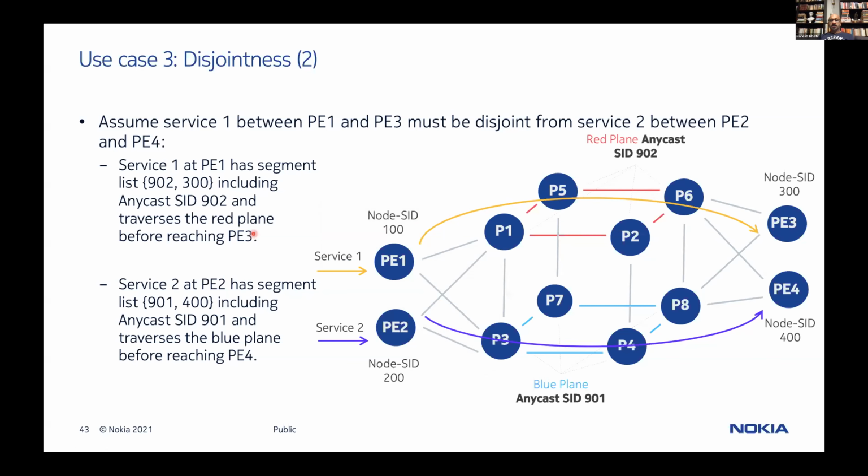And for service 2, it's 901 and 400. So that ensures that the destination is 400, and it's going to go through the blue plane, which has a SID of 901. So this is a very simple way of providing disjointness through smart use of segment routing and an anycast SID.